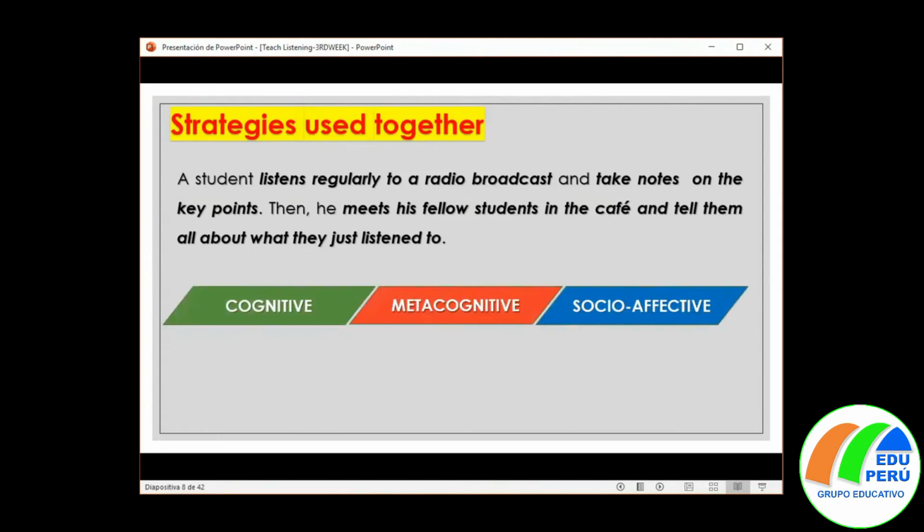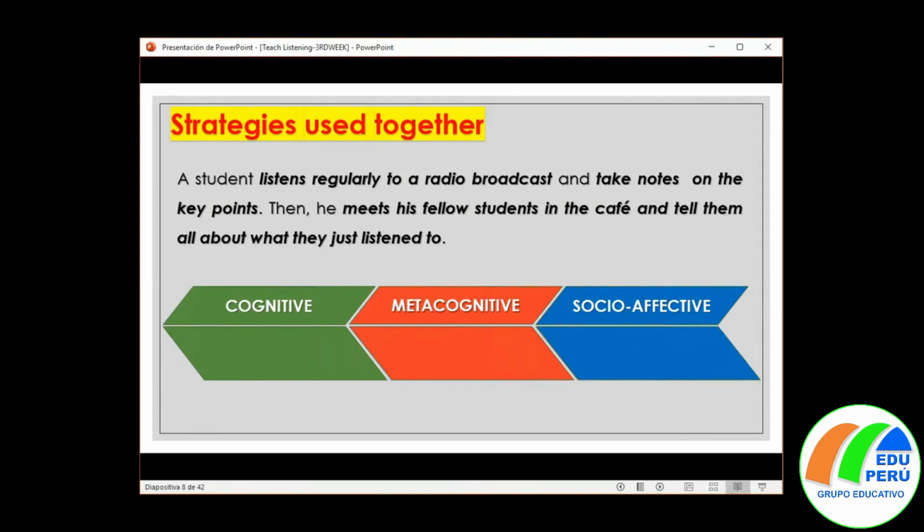Now you're going to tell me, which of these activities is related to cognitive strategy? Could be to listen and memorize it to tell other students what they listened to in the broadcast? Yeah, could be that.